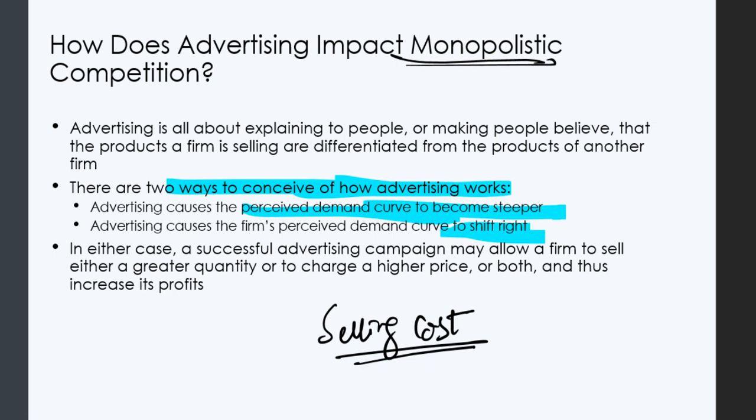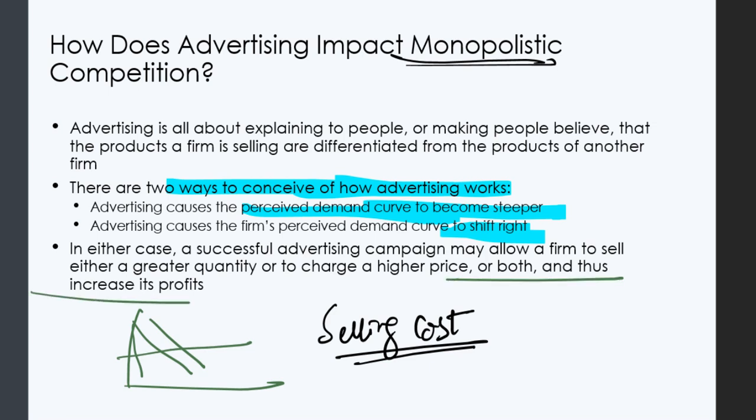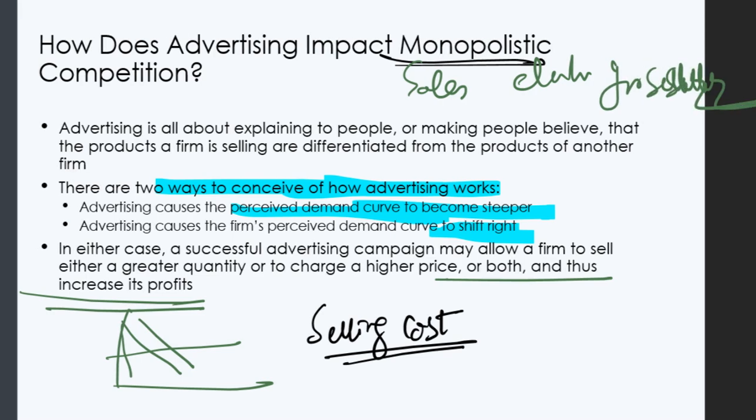Steeper in this way, this is the line and it is becoming steep like this, or shifting to the right. In both ways there is an enhancement. Advertisement actually boosts up the sales as well, and gives a little more elasticity for the seller.